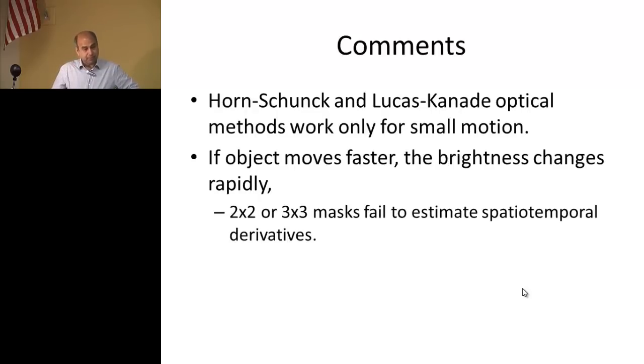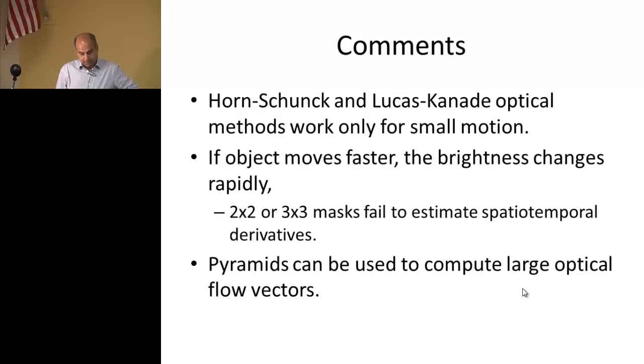So in summary, both methods, Horn and Schunck, and the Lucas-Kanade, they are for small motion. Now, if the object moves faster, the brightness changes rapidly, so the small masks for computing derivatives will not be enough. So that's why we are going to build a pyramid which will take the large motion and reduce the motion.